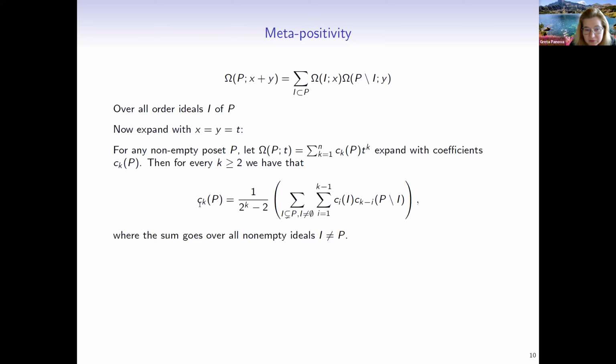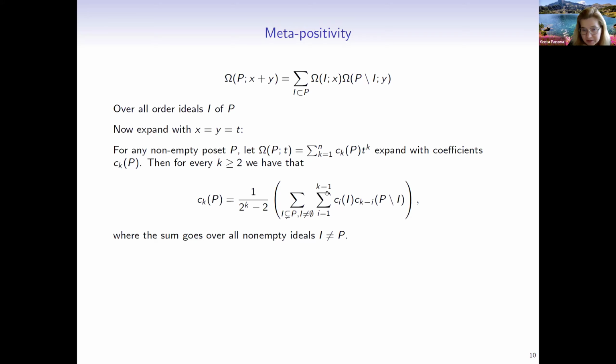And so you can express the coefficient at t to the k as 1 over 2 to the k minus 2, and then this convolution of coefficients summing over all strict order ideals, so non-empty and not equal to P. So these are strictly smaller. Okay, so that works only if k is not 1. If k is 1, we don't get anything out of this identity.